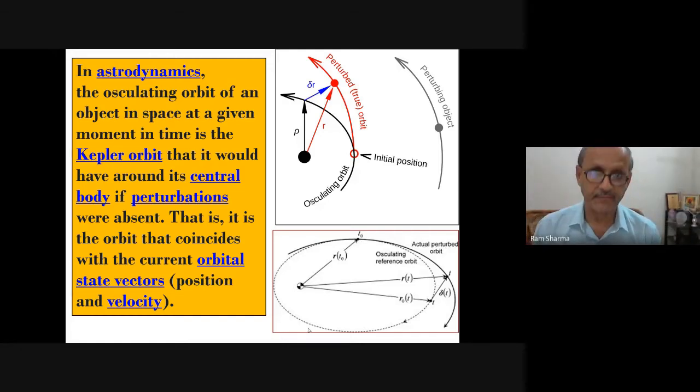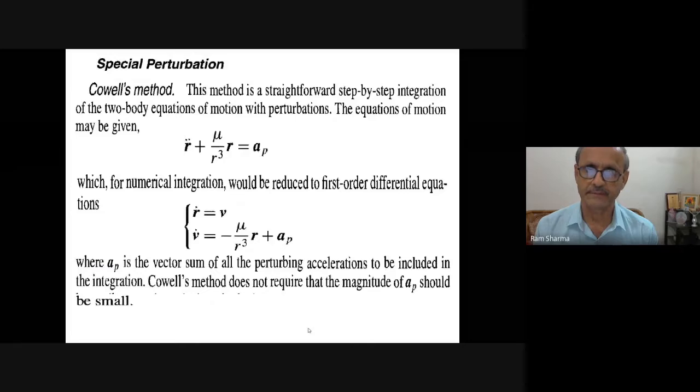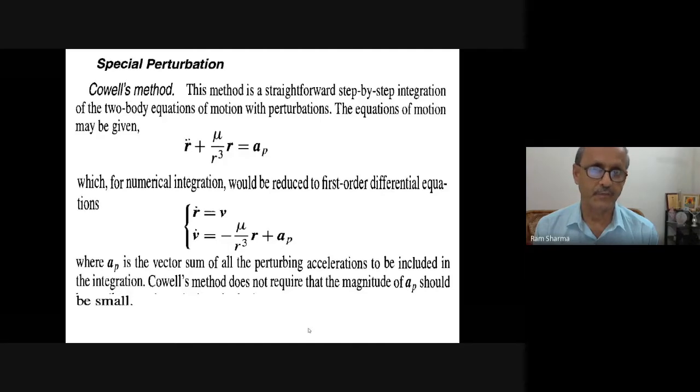Earlier also I explained. Now for special perturbations, two important methods are there historically: Cowell's method and Encke's method, because these were all used in identifying the minor planets and planets and so much. So they are of historical importance, but today also they are equally important. Cowell's method is a very straightforward method.